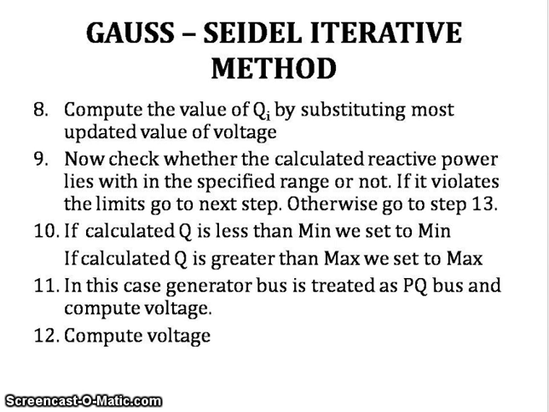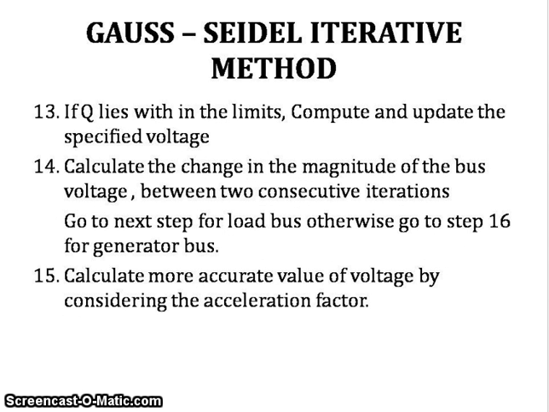If calculated Q is less than Q min, we set it to Q min. If calculated Q is greater than the max value, we set it to Q max. In this case, the generator bus is treated as a PQ bus and we compute voltages. Step number 12, compute voltage.